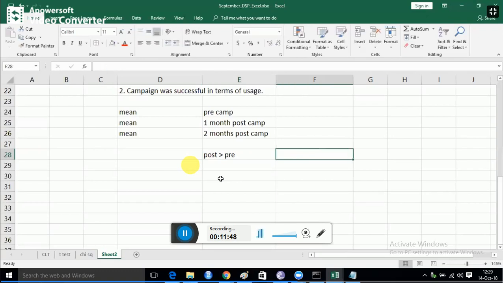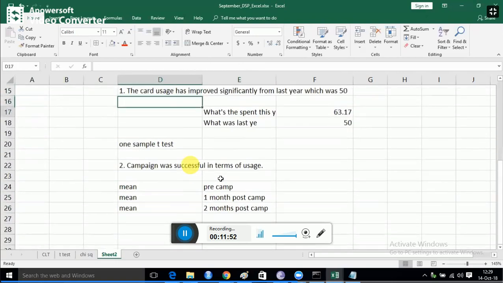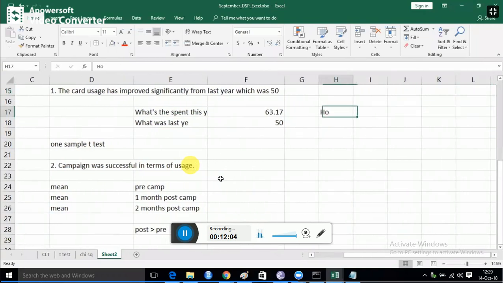Yes. So now let's define for question number 1 and 2. Now let's define a null and alternative hypothesis. What is my null hypothesis here? In the first question, credit card usage has improved significantly from last year, which was 50. So what should I say?